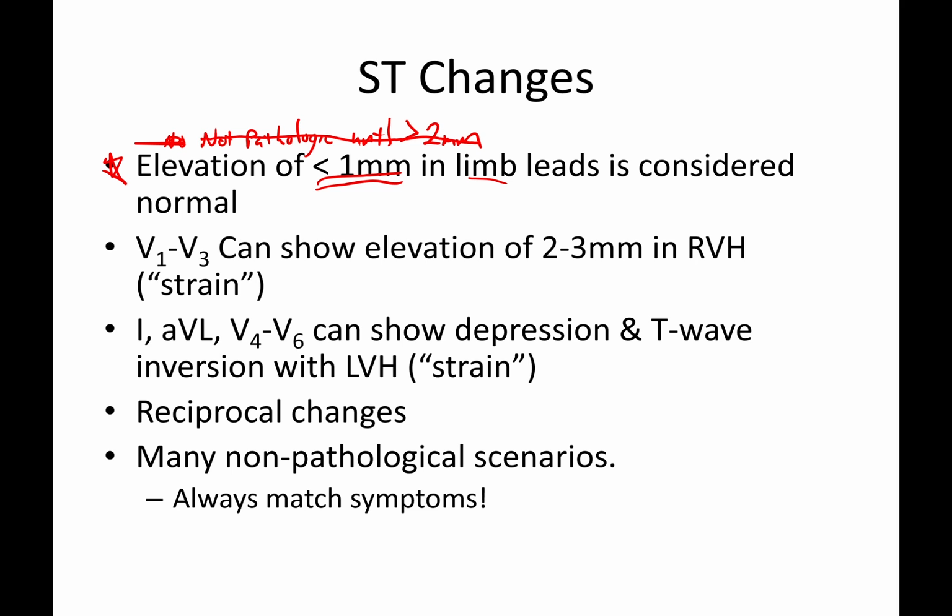Now, your V leads, however, are a slightly different story. And the overall concept is this: you can't rely on ST elevation alone, or even ST depression, to tell you if it's an MI or not. You have to put in a lot of different other factors.